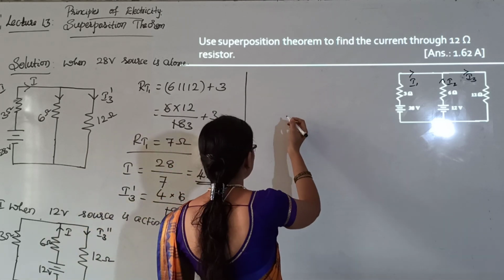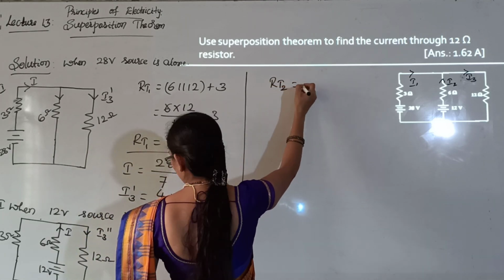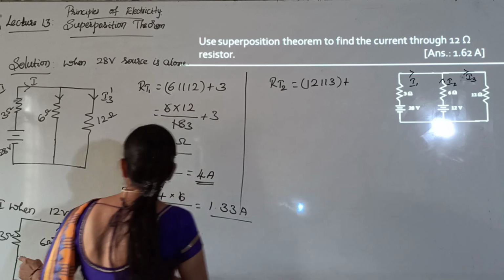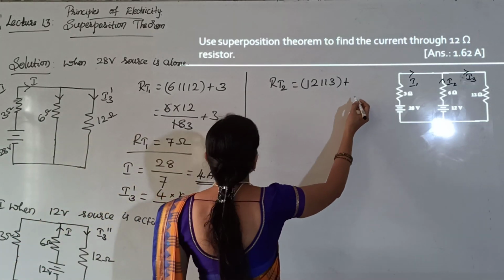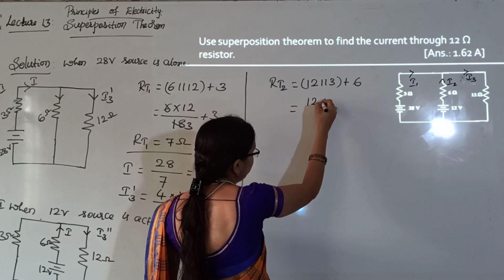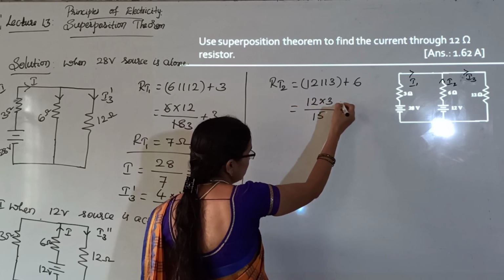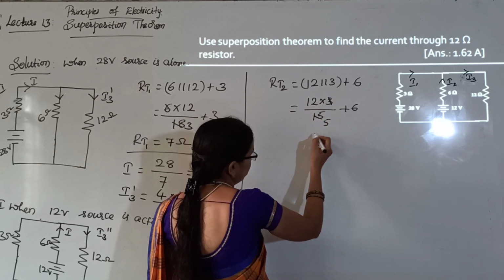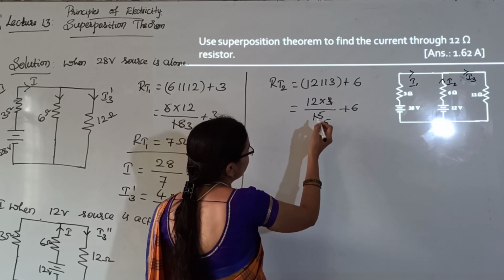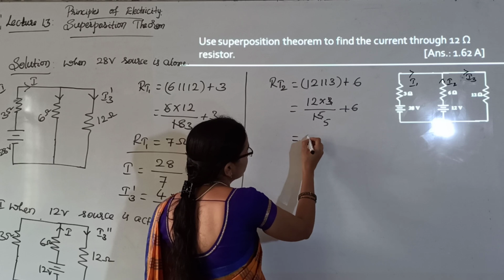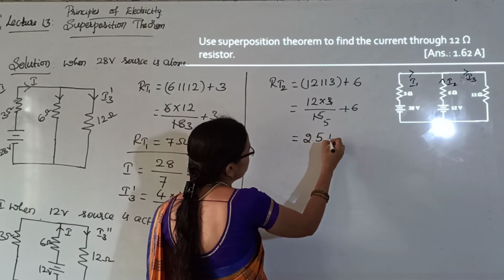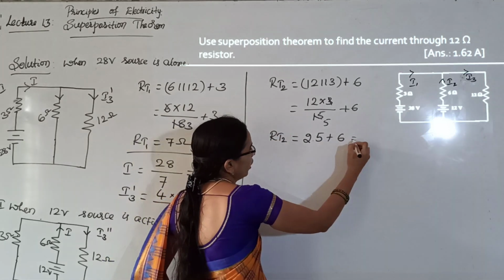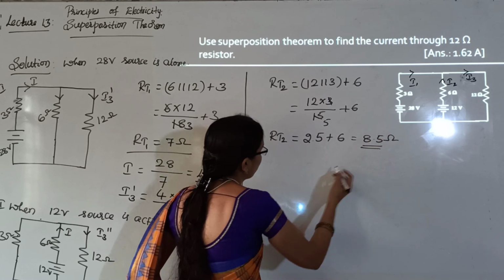According to this circuit, the total resistance RT2 is equal to 12 parallel to 3 plus 6 in series, 12 into 3 divided by 12 plus 3, plus 6, that is 12 by 5 plus 6, that is 2.5 plus 6, RT2 is equal to 8.5 ohm.